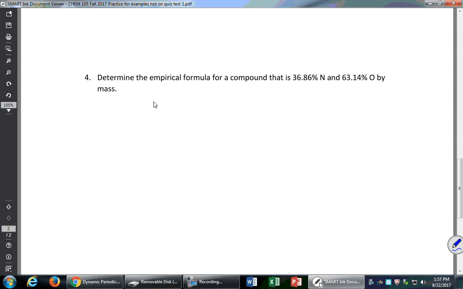If it doesn't have only nitrogen and oxygen, we have a little bit more to think about, but in this case it does. So the formula we're looking for is NxOy, whatever that's going to be. And remember, this could be our empirical formula. We don't know how to find our molecular formula yet. We need more information. And we're given our percentages.